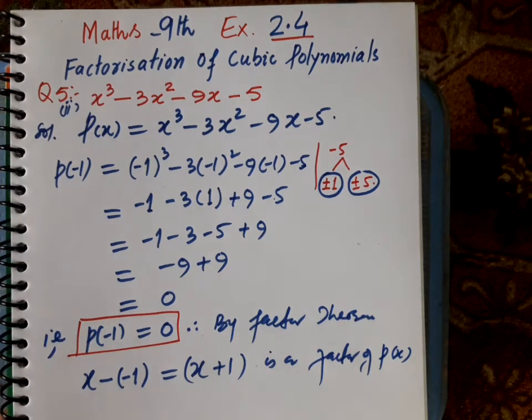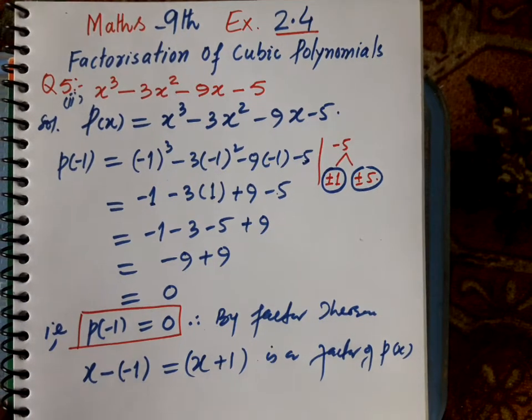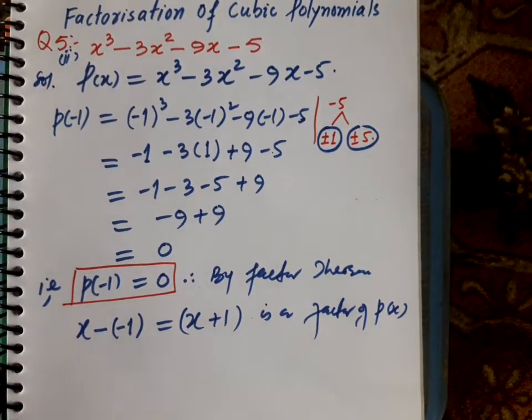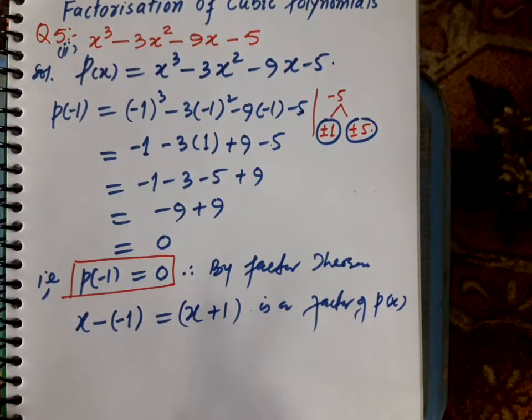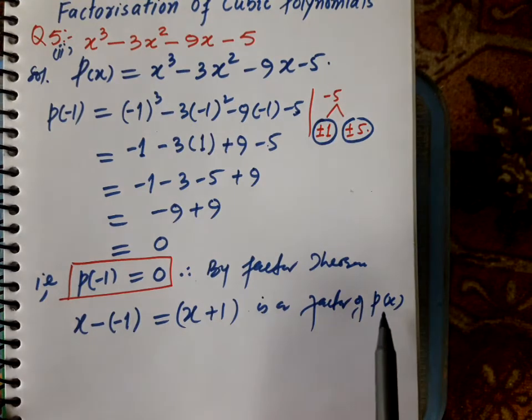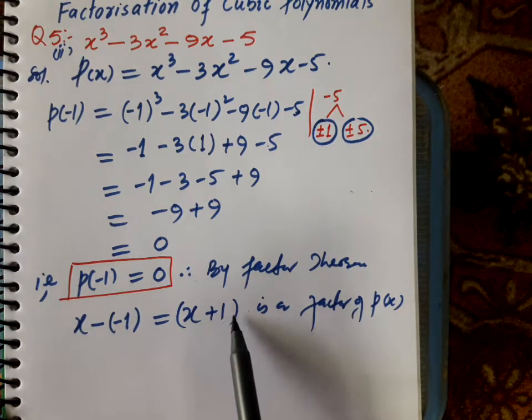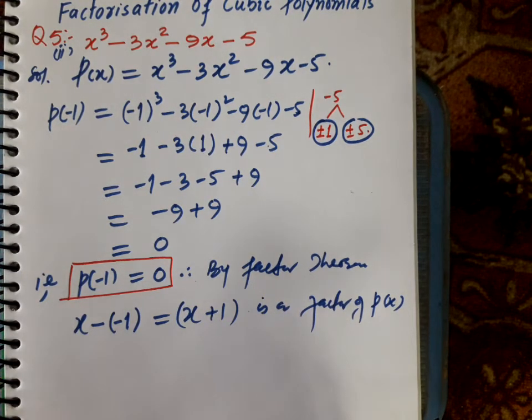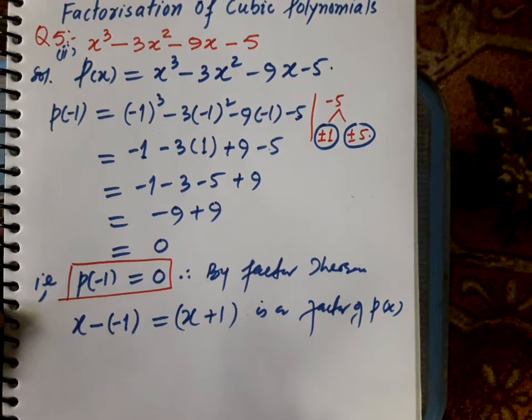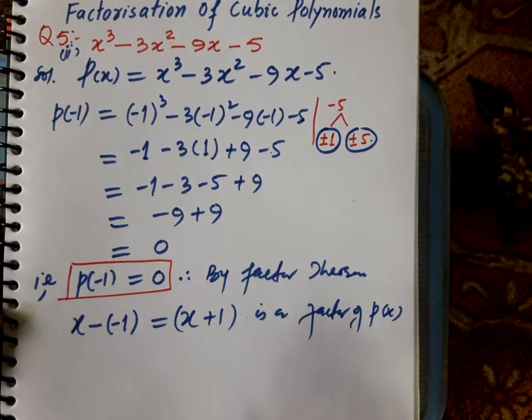Now when x plus 1 is a factor, we have to divide. x plus 1 is a factor of p of x, so we will divide p of x by x plus 1 and get a quotient of degree 2, that is a quadratic polynomial. Then we have to factorize that quadratic polynomial into real linear factors.